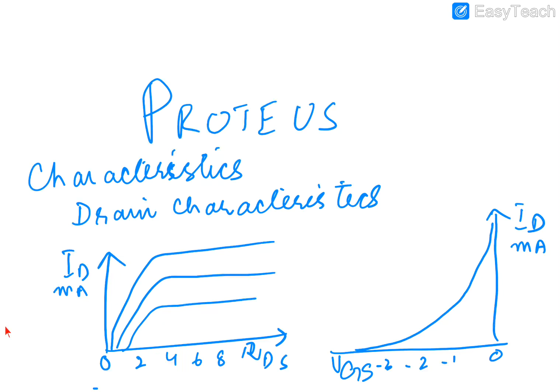So you have to perform this experiment on Proteus. Using Proteus software, you have already performed the workshop experiments. So you will draw characteristics of JFET using Proteus. For Proteus help, you can find much material on the internet.